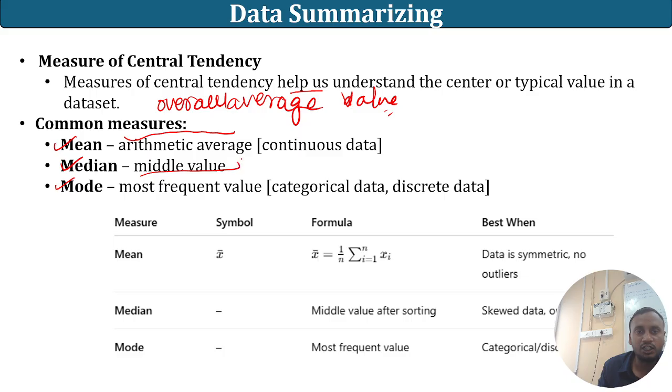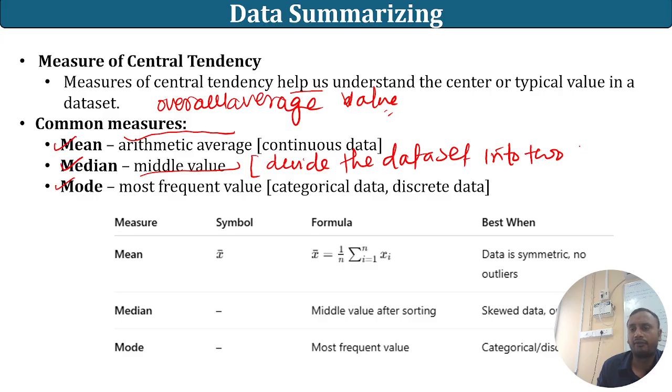The median divides the data set into two halves or two parts. Then the mode is the most frequent value, used for categorical and discrete data.